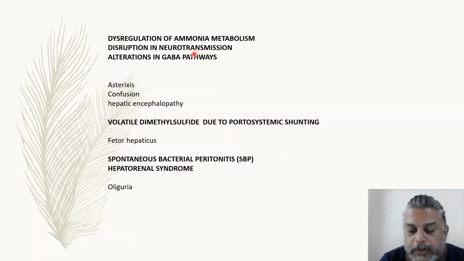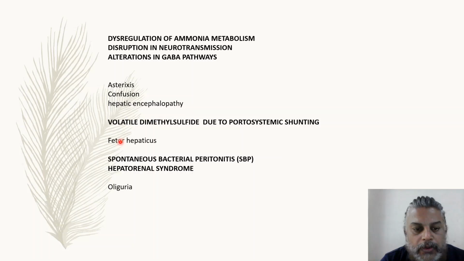As the liver is not acting properly, ammonia, which is usually detoxified in the liver to less toxic urea, is not metabolized because the hepatocyte is not functioning. It disrupts the neurotransmission by altering the GABA pathway in the brain, and this is a probable cause of asterixis and confusion in hepatic encephalopathy.